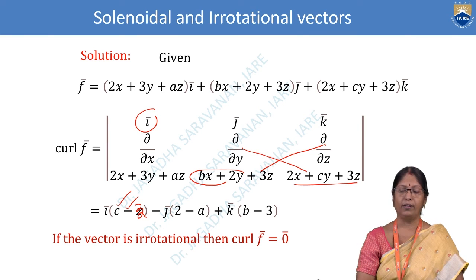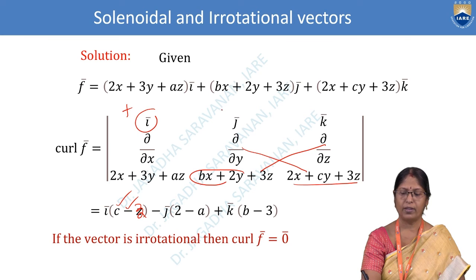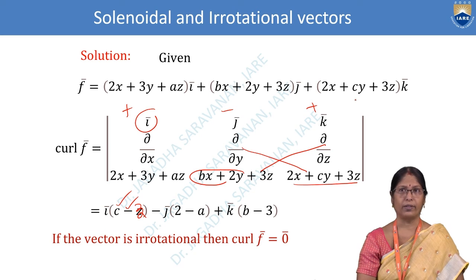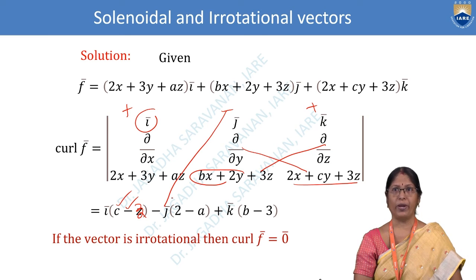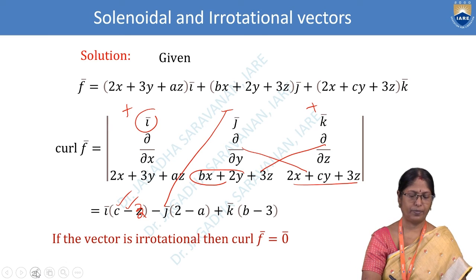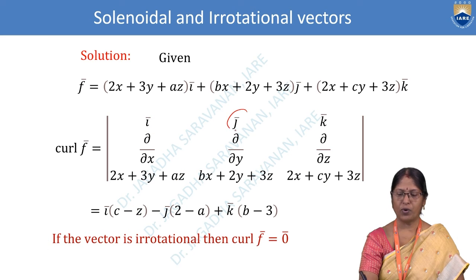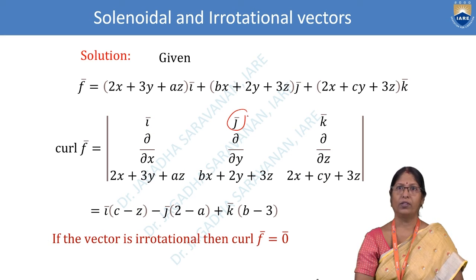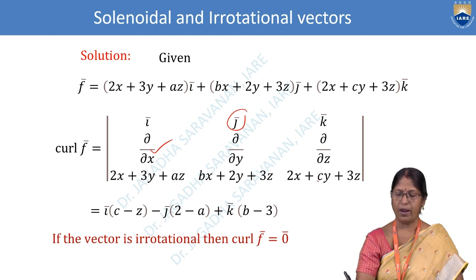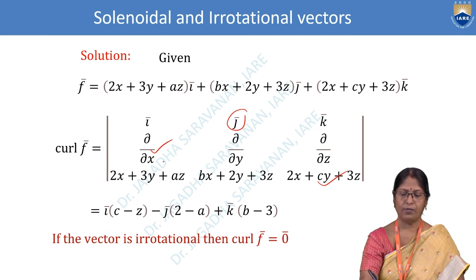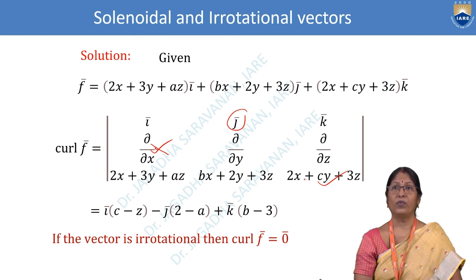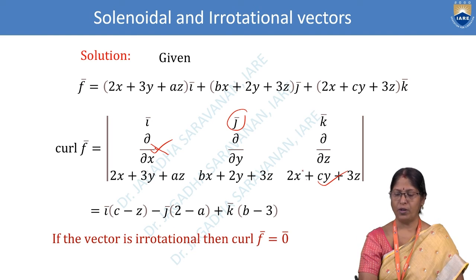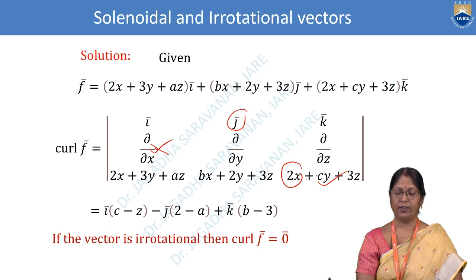So in the determinant, this position is plus, here minus, this is plus. According to that, minus j vector, related to the product of this term and this term. With respect to x, only this is considered, that is 2.